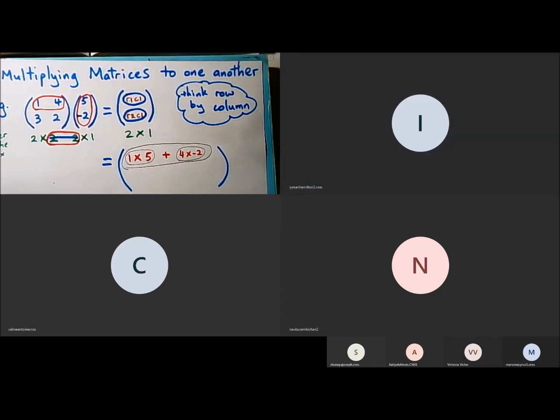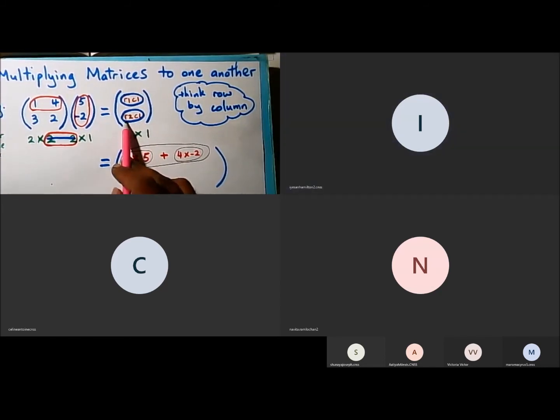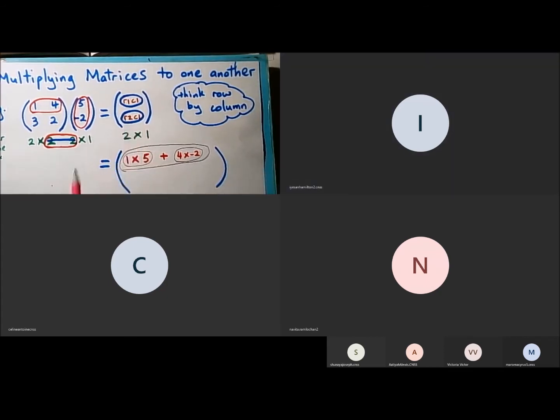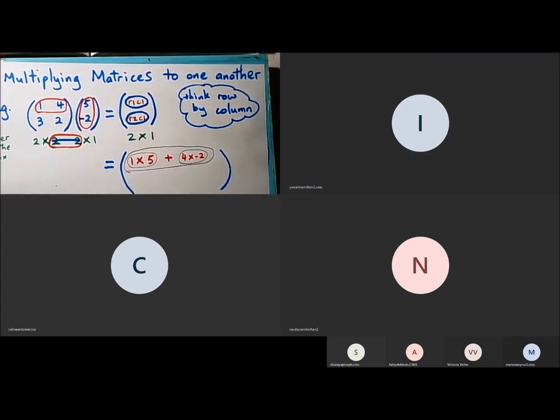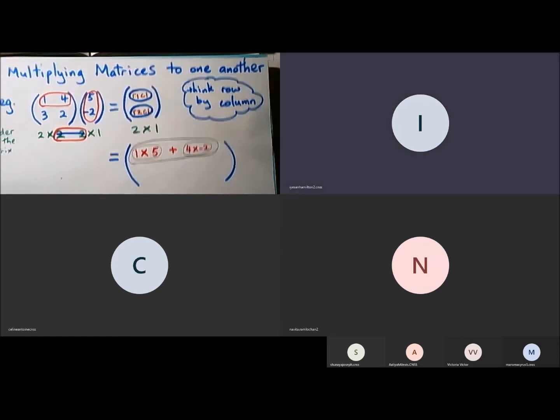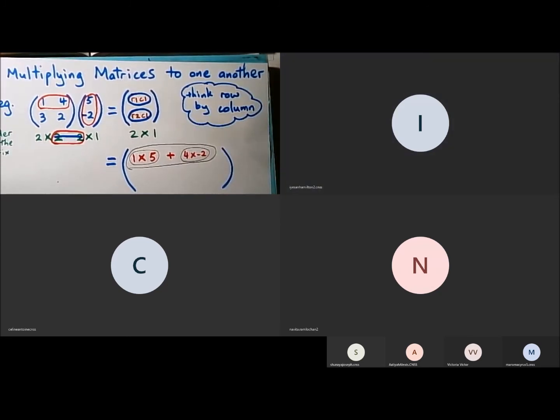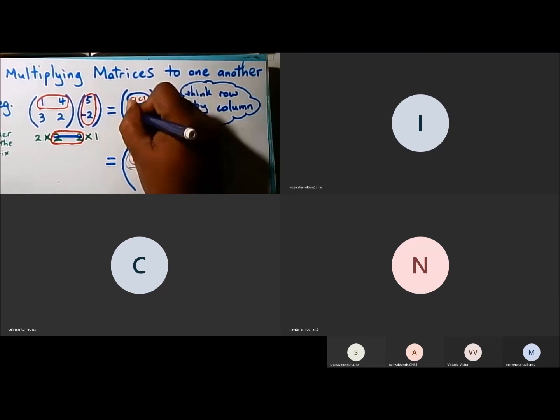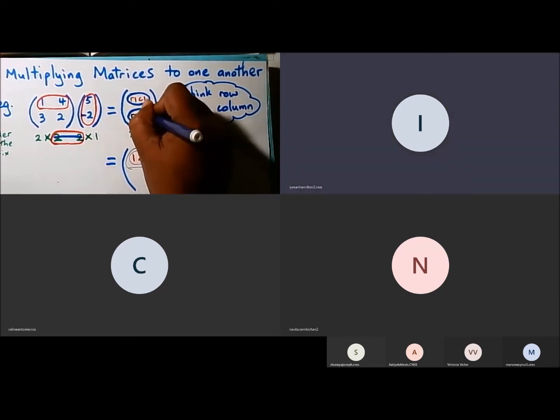Okay. Let's look at how this here will guide you on what to multiply. Better use another color ink. I'll use purple for row 2, column 1.